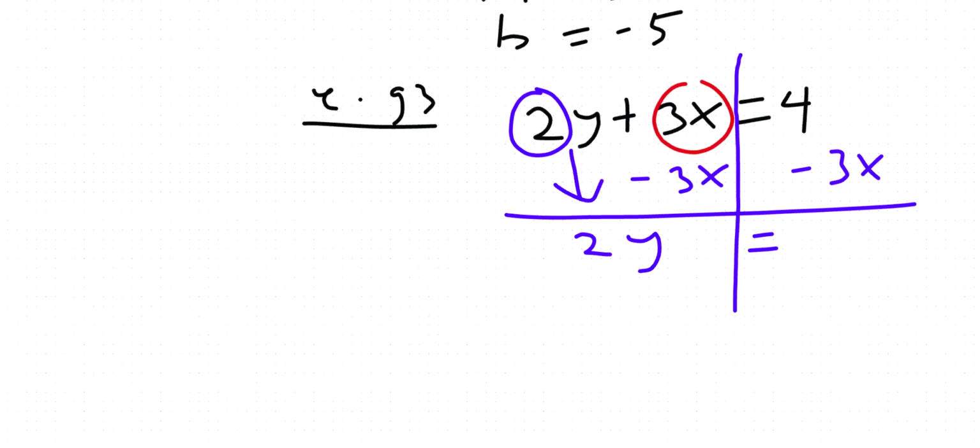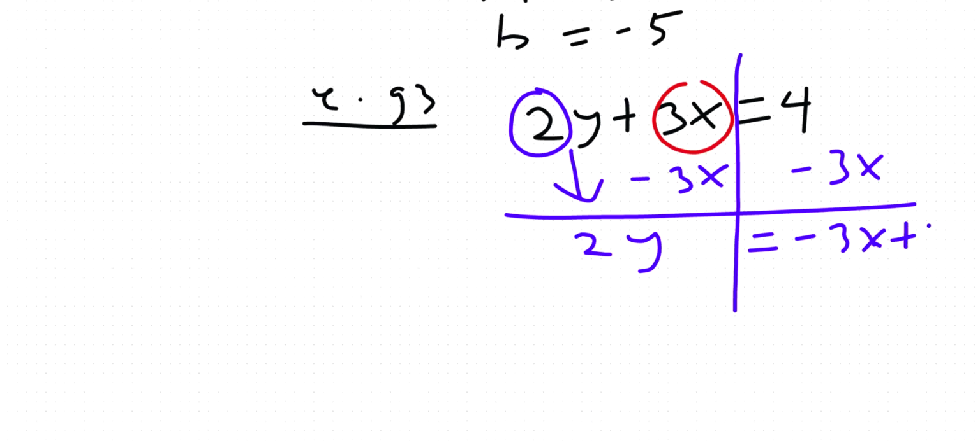So now on your left hand side, there is no 3x anymore. It has become 0. 2y is brought back down. Rewrite your right hand side in form of slope-intercept form, that will be negative 3x plus 4. So you already remove x.